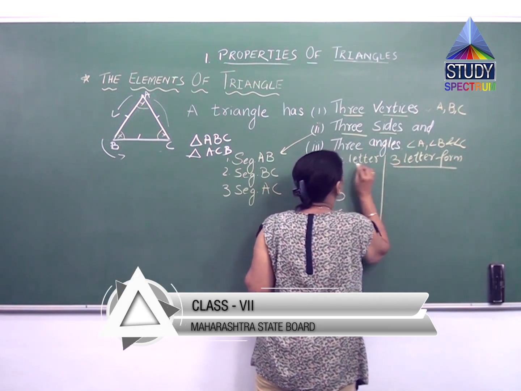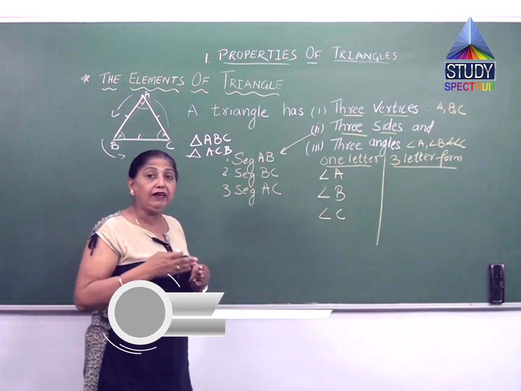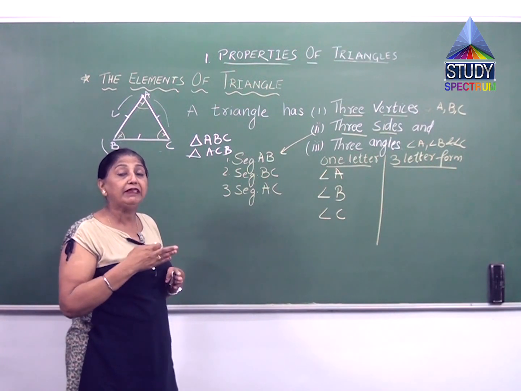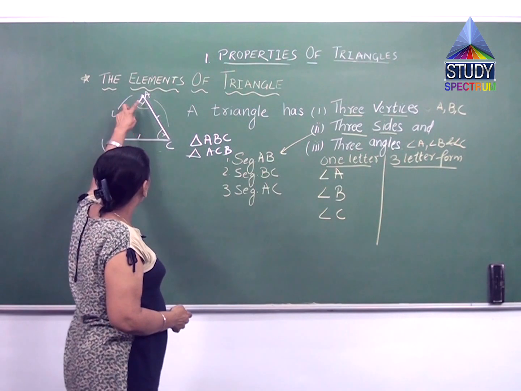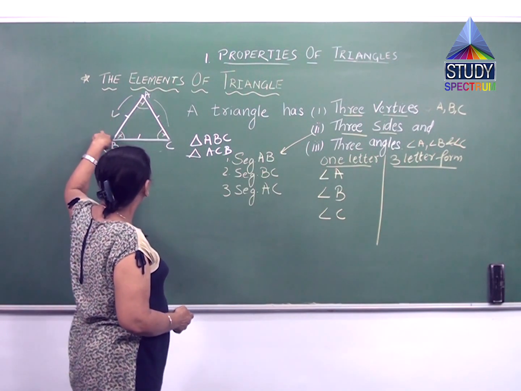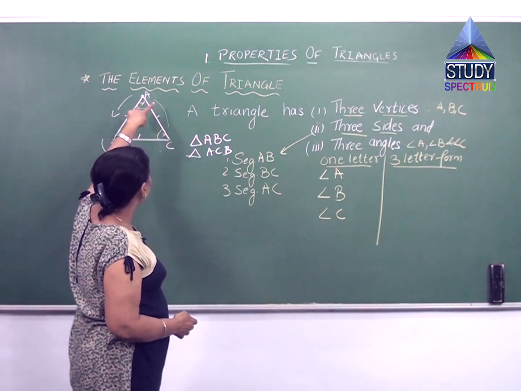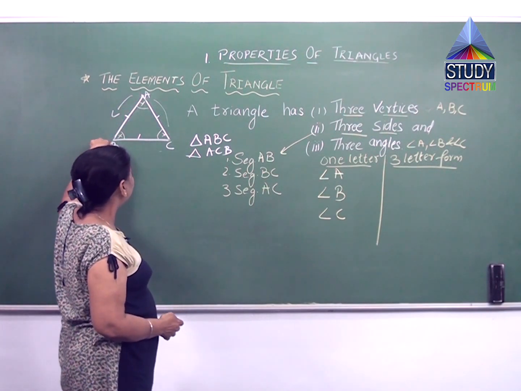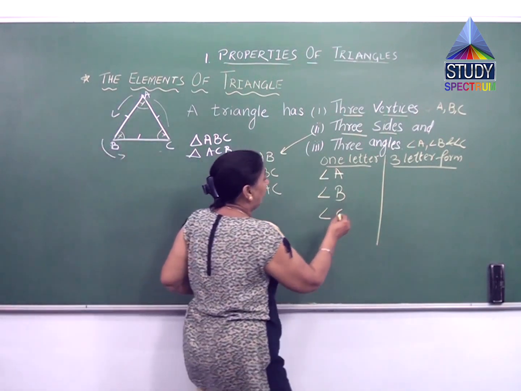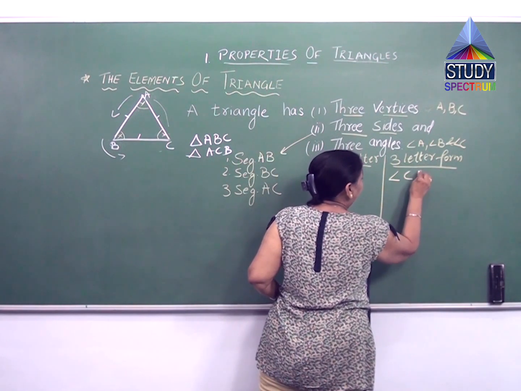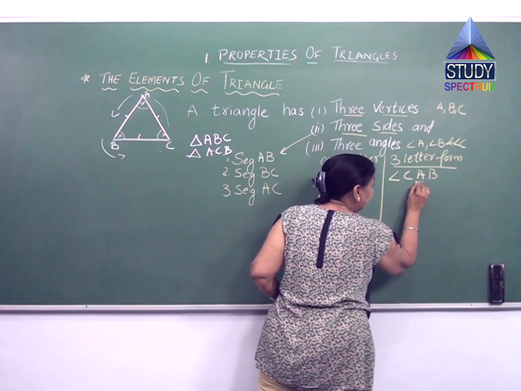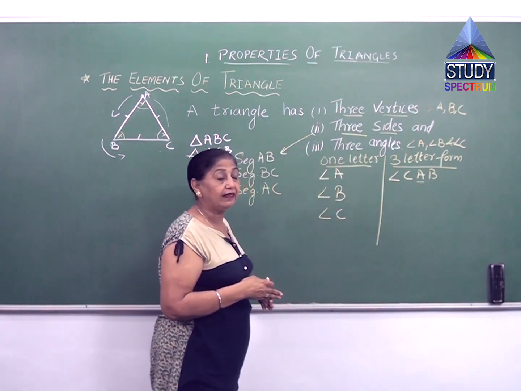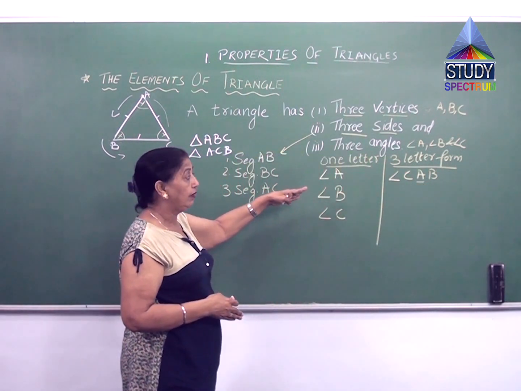Now in this, what you have to remember is that the angle which we are talking about should come in the center. So if I am talking about angle A, if I go this way, I can write angle CAB, right? Angle CAB. So the letter which is in the center, that is the angle I am talking about, right?